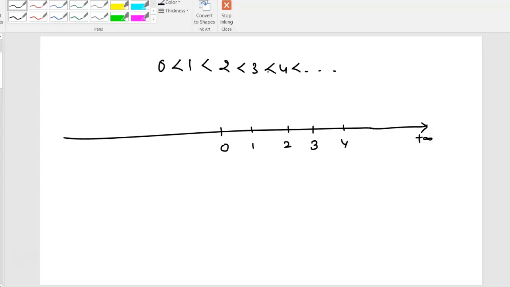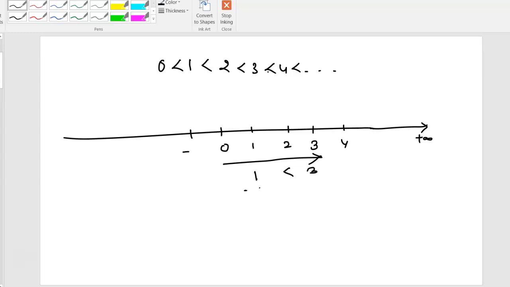When you move from left to right, you will see that your number increases. So suppose you need to compare two numbers, 1 and 3. Whichever is on the right side would be greater, and whichever is on the left side would be lesser. This is how you compare numbers on a number line.